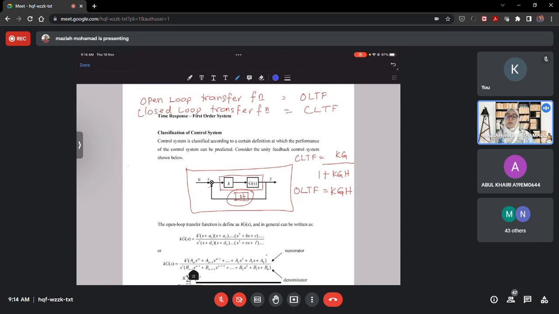Sometimes we can also use the closed loop transfer function in order to determine the open loop transfer function, where we consider this part to be the open loop transfer function. So closed loop transfer function is equal to feed forward gain divided by 1 plus open loop transfer function.